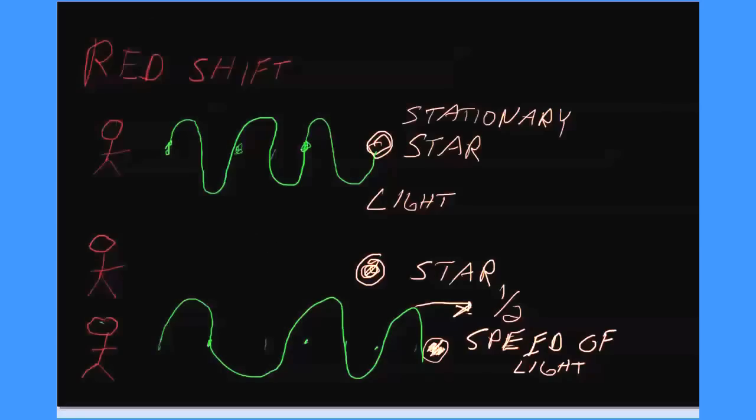The light's still traveling at the speed of light, but the wavelength is getting longer. A wavelength goes from here to here. This wavelength is getting longer. If wavelength gets longer, we know the frequency will also get lower.